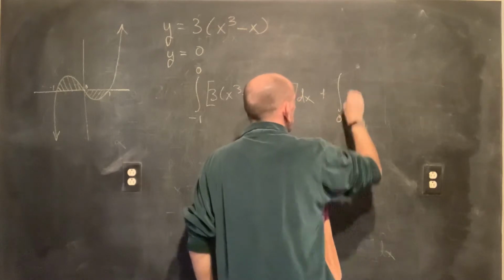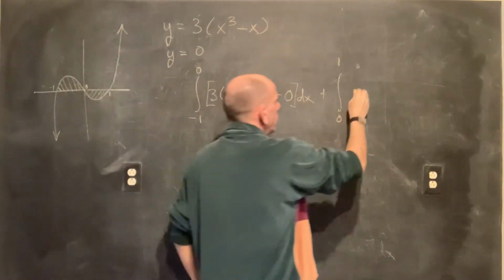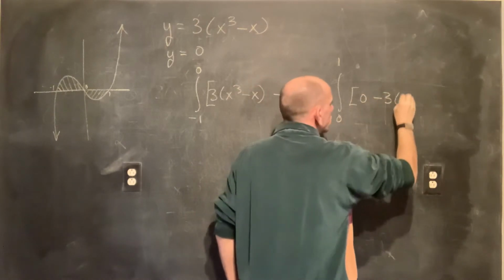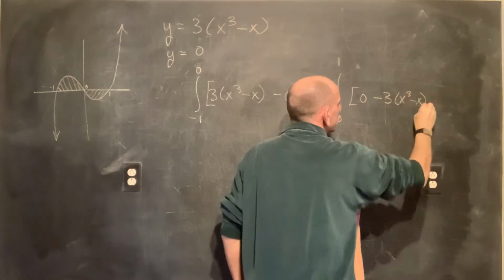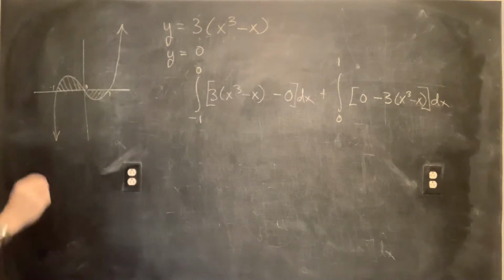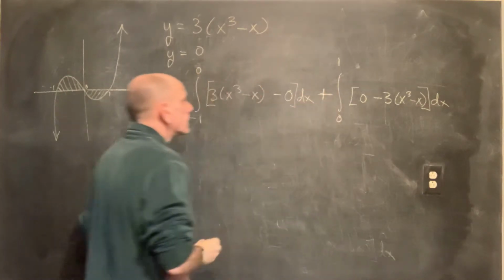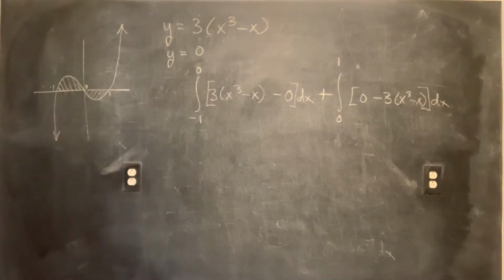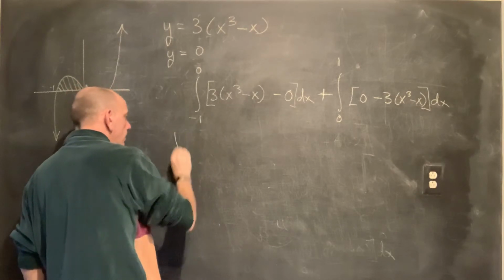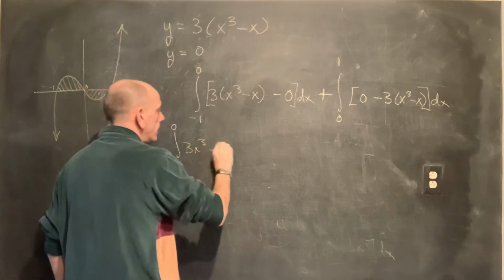Now I'm going from 0 to 1, and the behavior is reversed. So this time I need to go 0 minus my function, 3x cubed minus x dx. All right. Well, this one's just going to drop out, so that's no big deal. We might as well just distribute that through. We want negative 1 to 0, 3x cubed minus 3x.